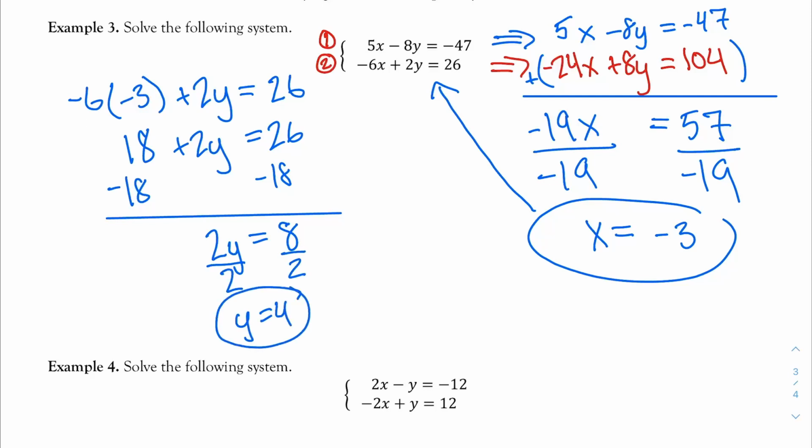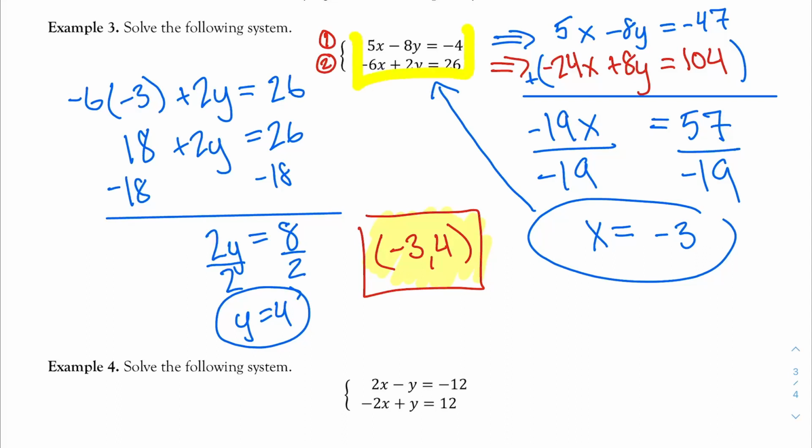So, for my final answer, I have the ordered pair, parentheses, -3, 4. I claim that this is my final answer. So this means that whenever I plug -3, 4 into my two original equations, then they should be both correct. So you can go ahead and verify that for yourself by just plugging them in quite nicely, actually.